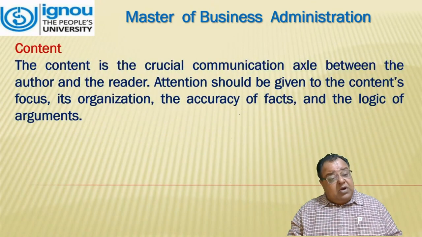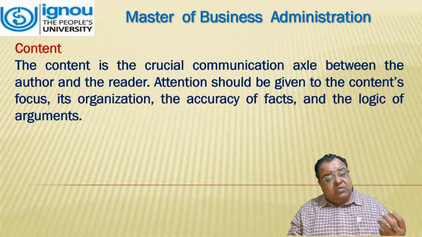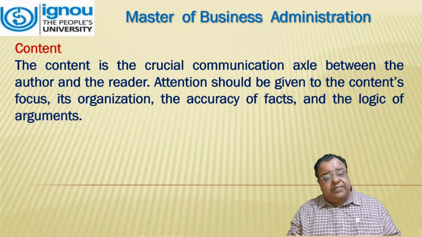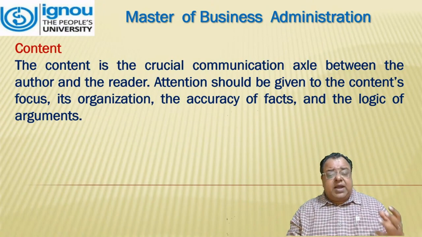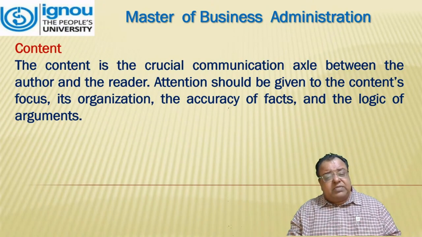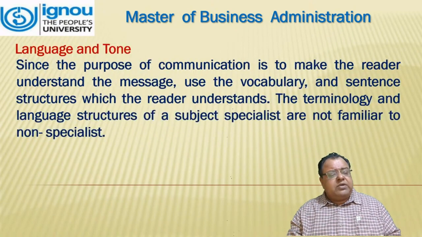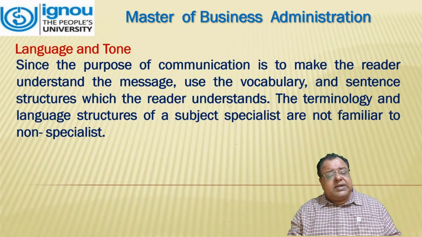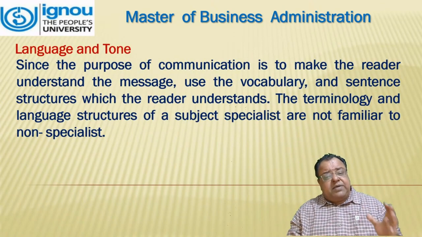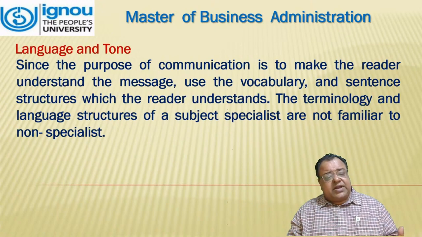Now, the content. Content is the crucial communication axle between the author and the reader. Attention should be given to the content's focus, its organization, the accuracy of the facts, and the logic of the arguments. Language and tone. Since the purpose of communication is to make the reader understand the message, use the vocabulary and sentence structure which the reader understands.